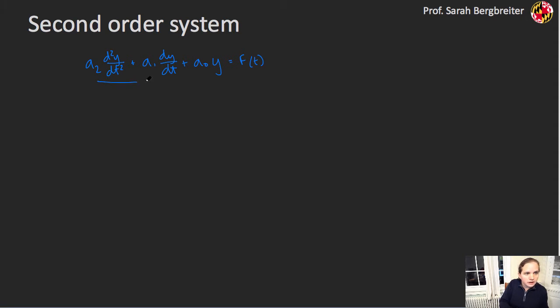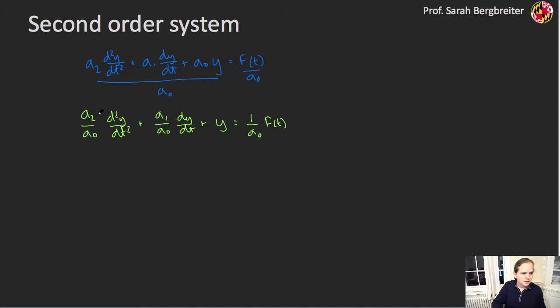Right, and I can divide both sides of this, similar to what we did for first order sensors, by A0. And if I do that, then I'm going to get a new coefficient in front of the second derivative term. In this one, I'm going to define based on the natural frequency of my system. So that coefficient will be 1 over omega n squared.